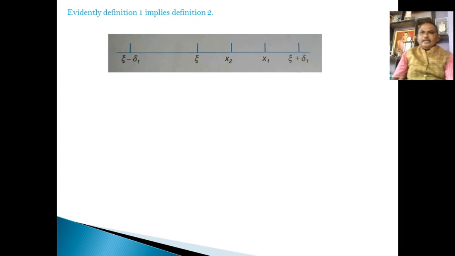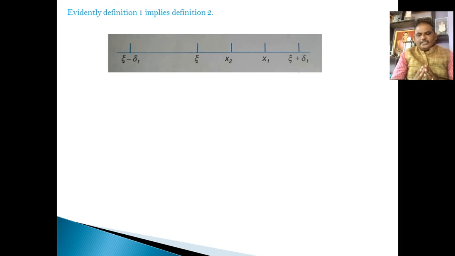Evidently, from the first and second definitions, a limit point of a set may or may not be a member of the set. Some limit points are members of the set, some limit points are not. Further, it is clear from the definition that a finite set cannot have a limit point.